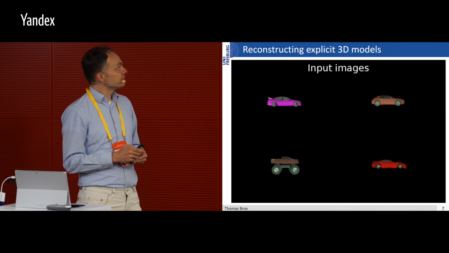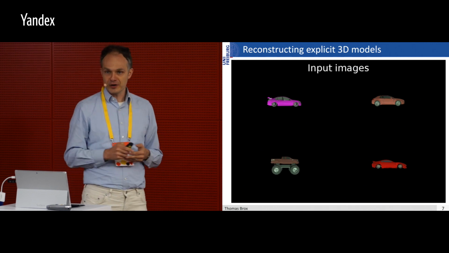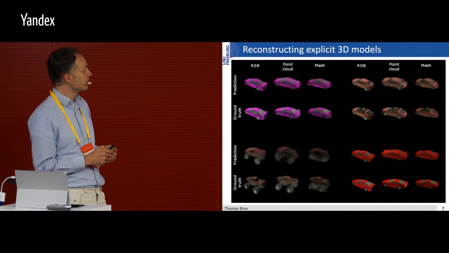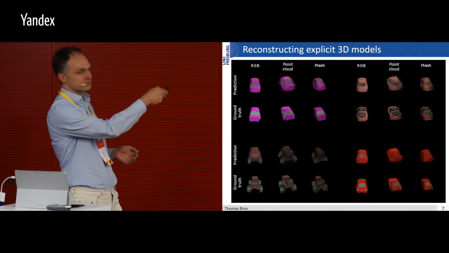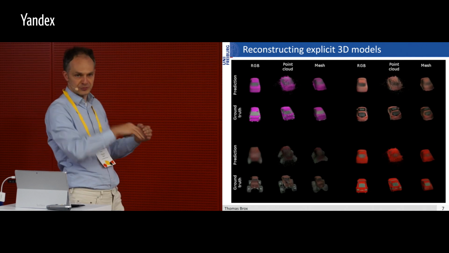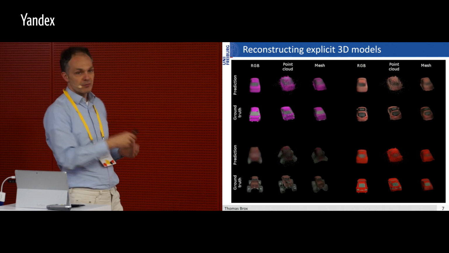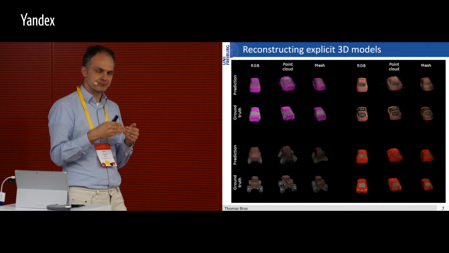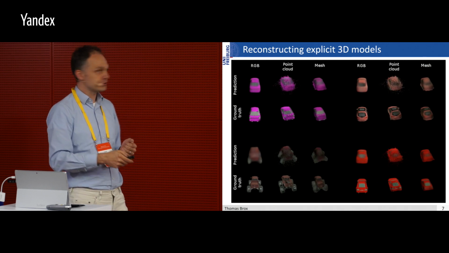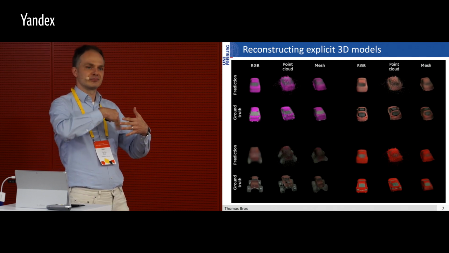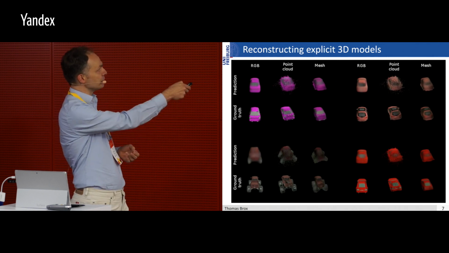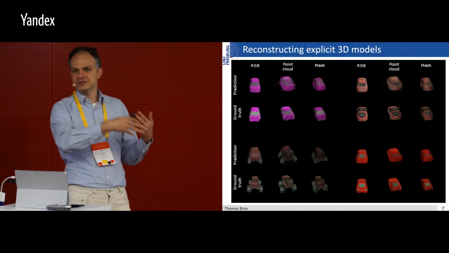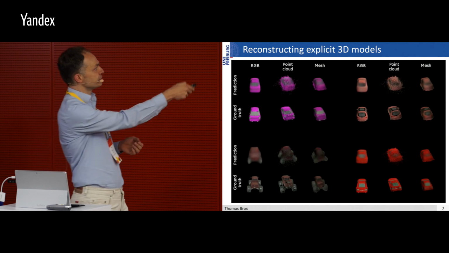We also did some explicit reconstruction of 3D models. You see that here. That's the view that I've just shown, so it renders an RGB image, but we also render the depth map of a certain view, and if you generate all the depth maps from various views, then you get a point cloud, and then you can put that into some standard fusion method to get a mesh.